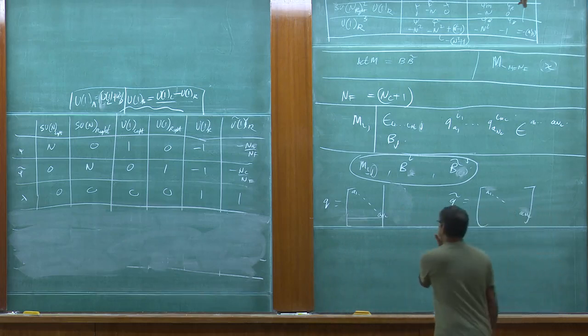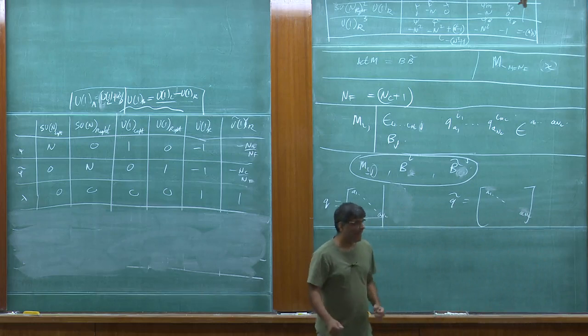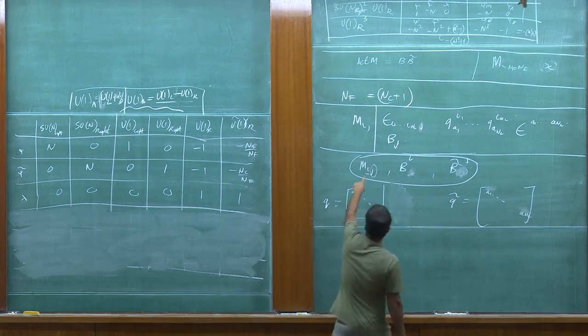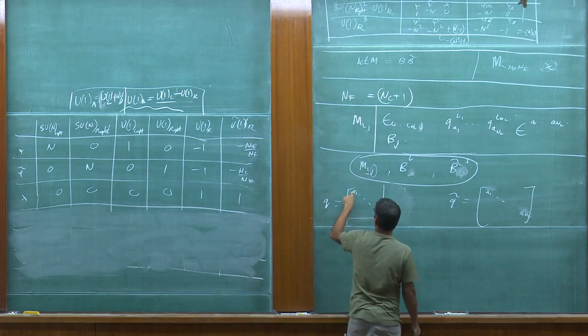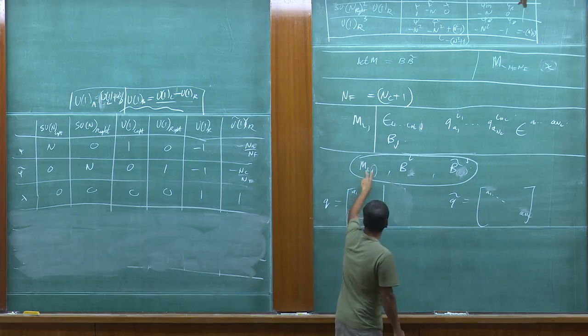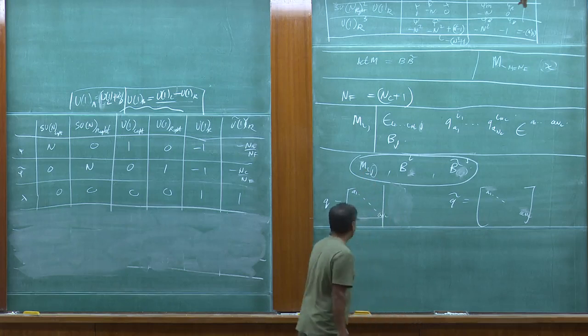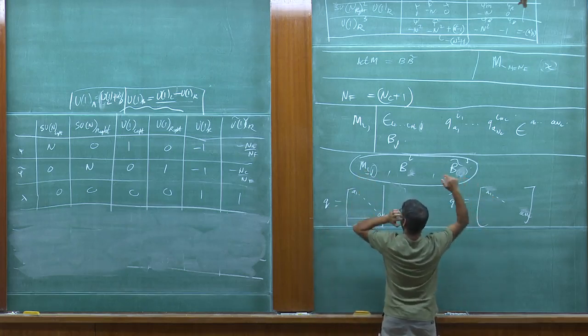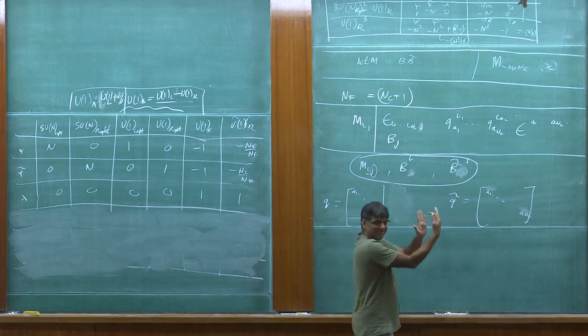And if I make this choice, this baryon is the product of these various fields, these M fields. So M is diagonal.